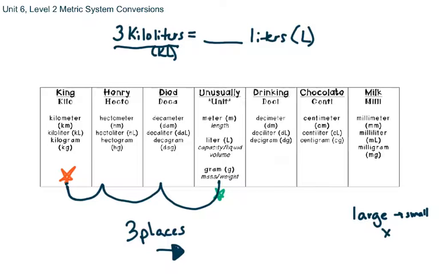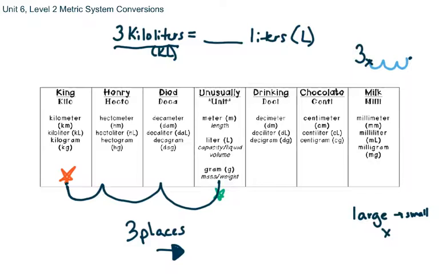That's why we're going 3 places to the right. Again, 3 does not have a decimal. So where do I put the decimal? At the end. And then I'm going to move it 3 places to the right, exactly what I did here in my chart. 1, 2, 3.